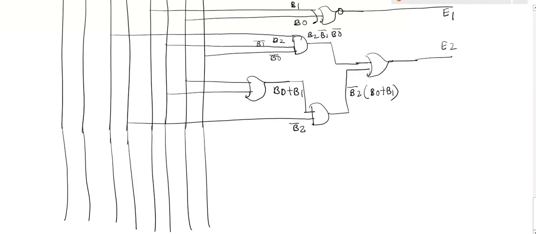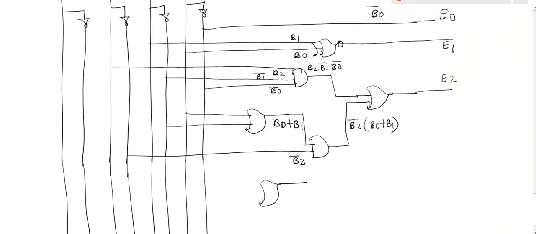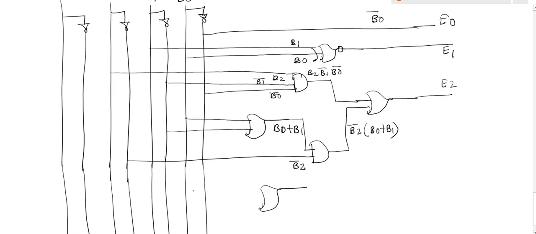First we'll find out B0 and B1. Now the OR gate I am using here to get B0, B1. This is B0 and this is B1.